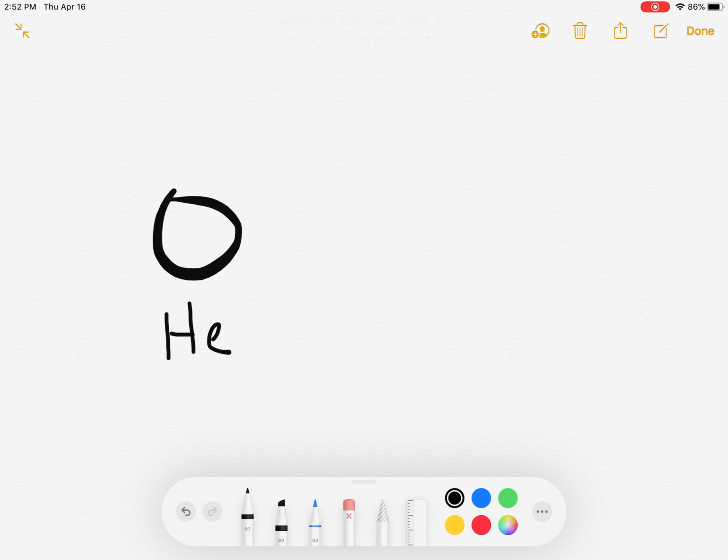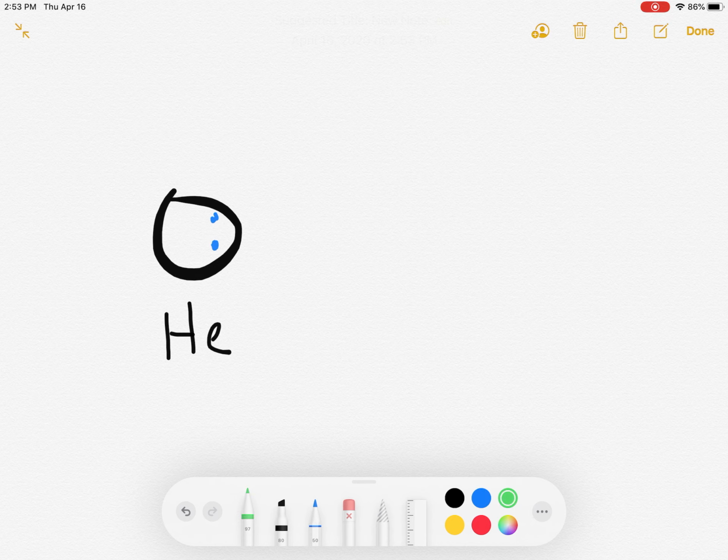Usually the electrons are spread out because they repel each other. So we'll put one here, one here. Okay, so those are the electrons. And let's say that the electrons just happen to come on the same side of the atom. So now they end up over here together.